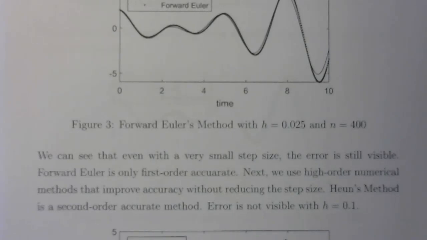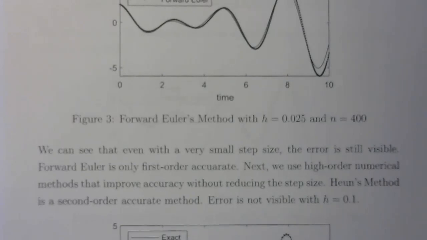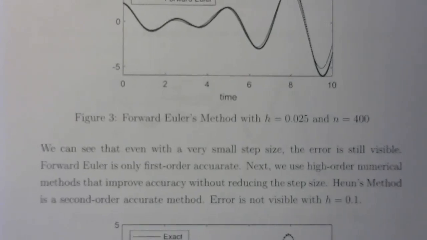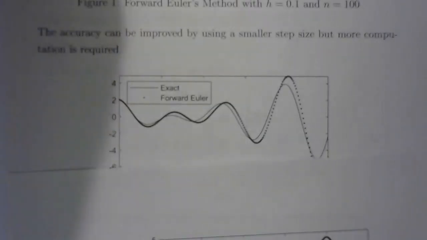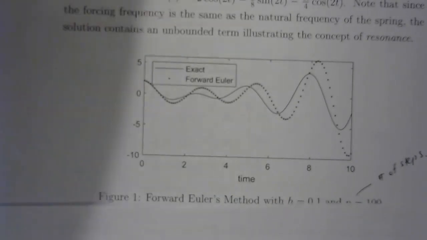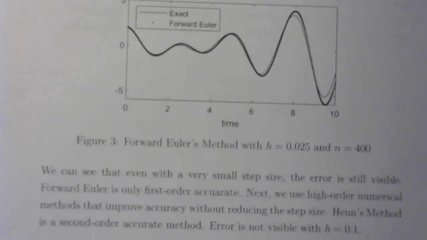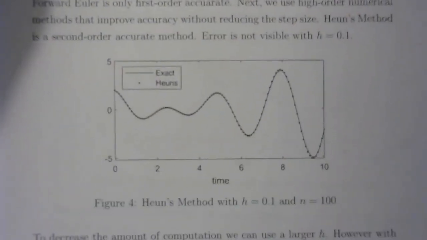So let's take a look at the same result with Heun. Now we're going back to the parameters of a step size of 0.1 and n being 100. Just to recall, that's the Euler's that looked like this. Real bad. When I do Heun's method with the same number of operations, I get this, which is pretty decent, right?